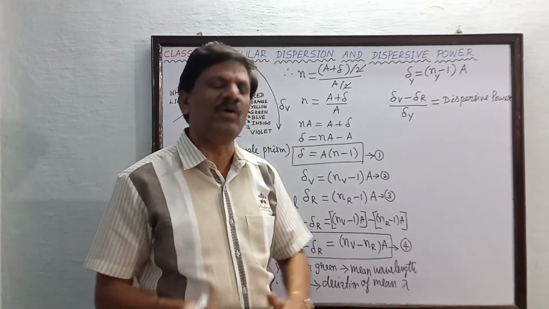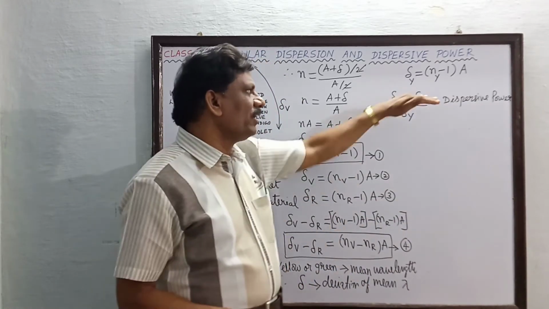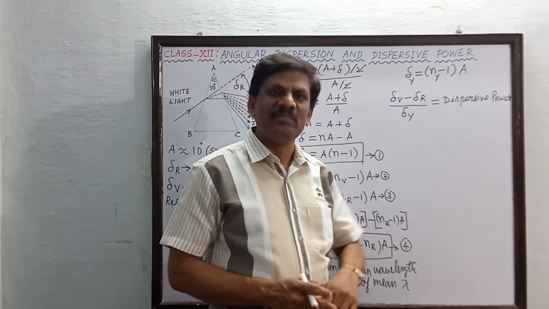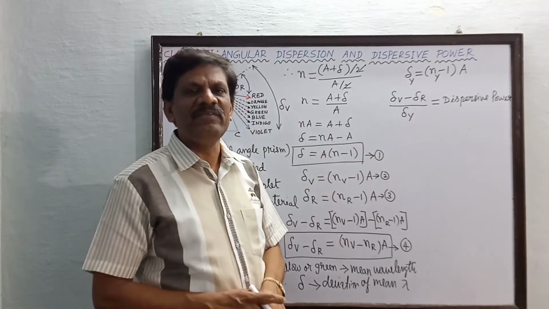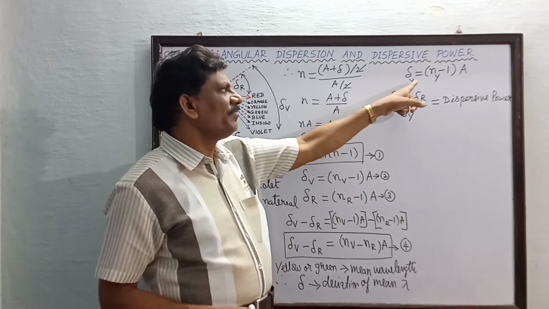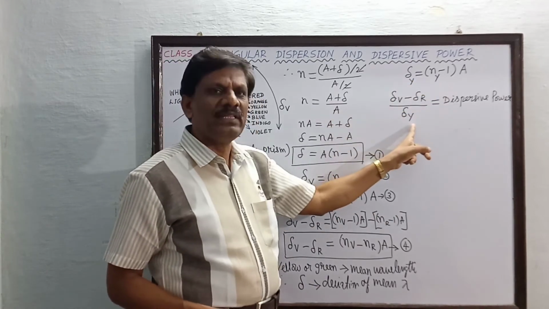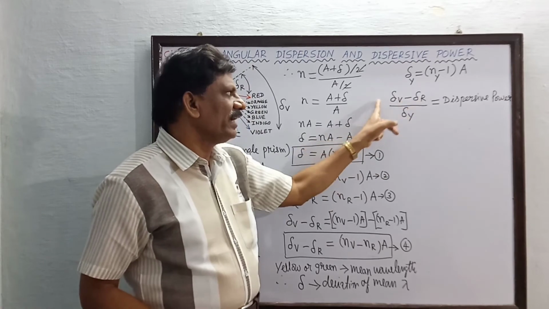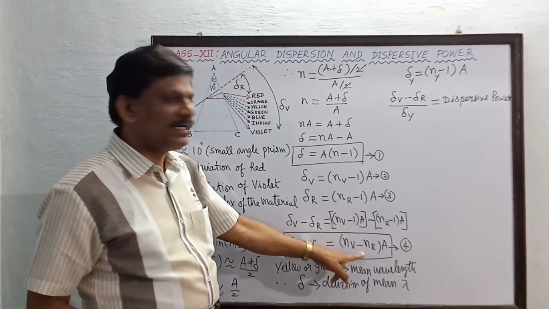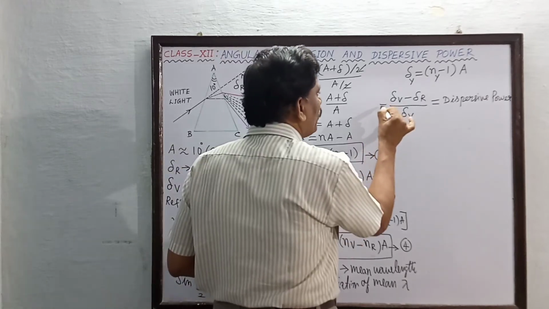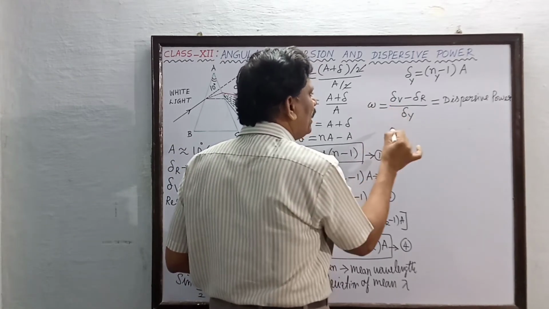Anyhow, my dear students, now you will see that the dispersive power of a material is defined as the ratio of the angular dispersion for the two extreme colors to the deviation of the mean wavelength. Now, instead of delta y, I am going to substitute in the denominator, and instead of the angular dispersion, I am going to substitute this also in the numerator. Therefore, this is denoted by the symbol omega.